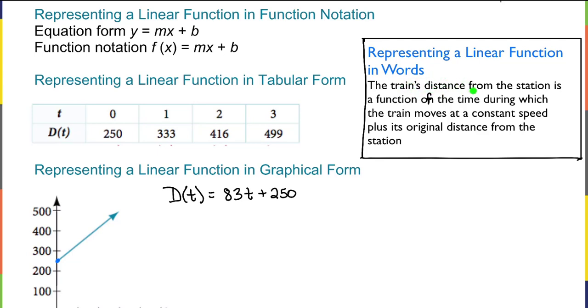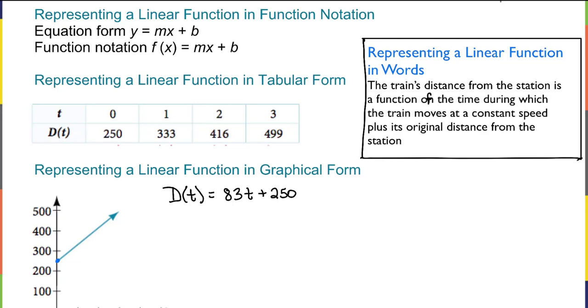Because it's moving at a constant speed, that's a rate of change, which is the same thing as a slope. Because it's changing at a constant speed, that makes it linear.